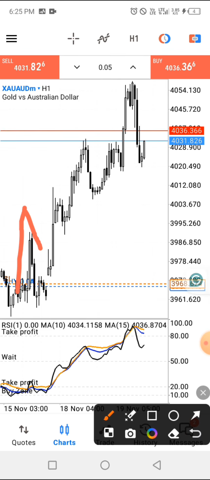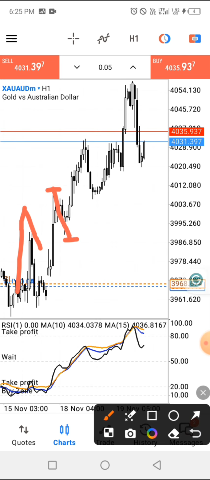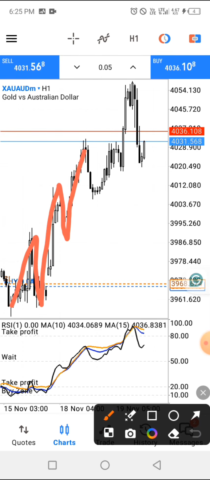And in this particular case right here, it felt like the market moved very well, but there was still some sort of pullback from this zone right here to this zone right here. So the market is always going to sell, it's always going to buy, pull back, buy again, pull back, then continue, then pull back, then continue. This is the kind of formation that you're going to have in the market.